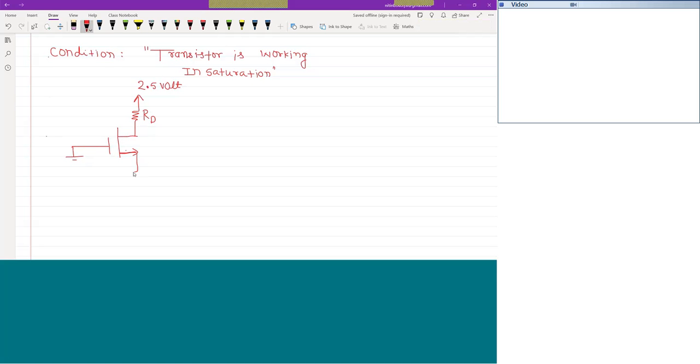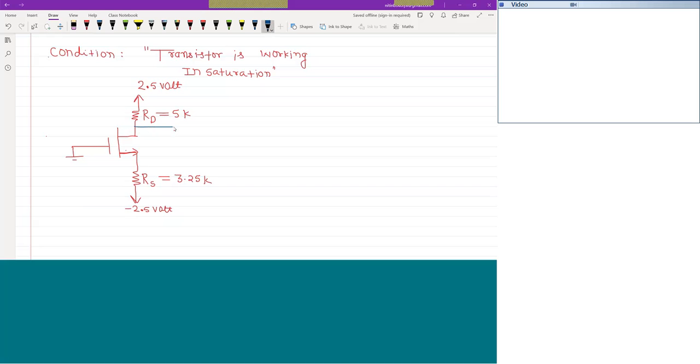This is minus 2.5 volt. This is RS, and this value come out to be 3.25 K, and RD का value हमने निकाला कितना 5 K. What are the remaining voltages?